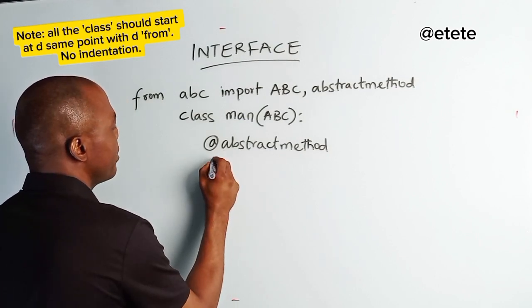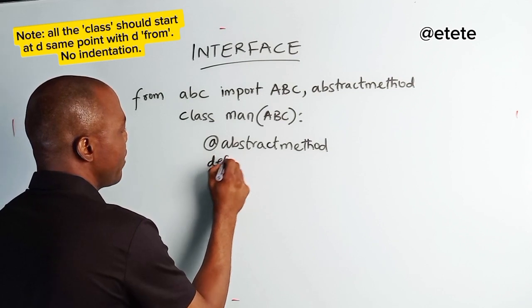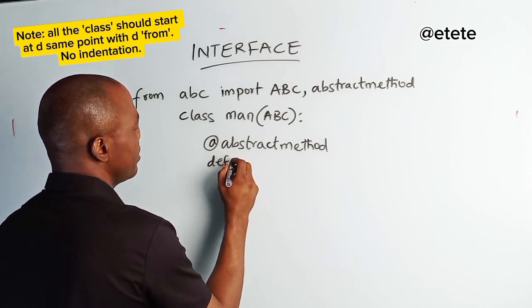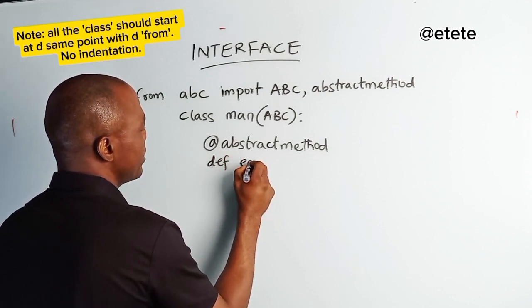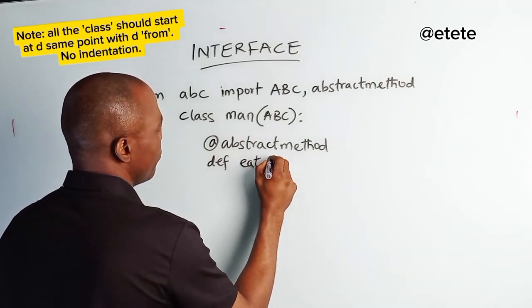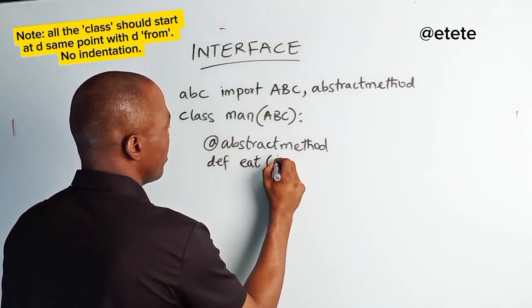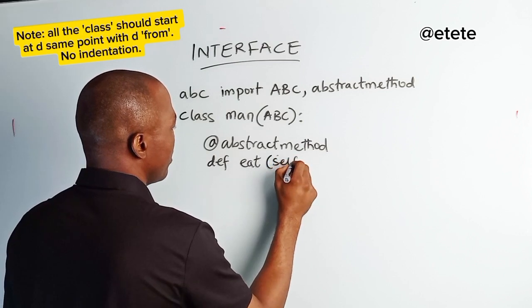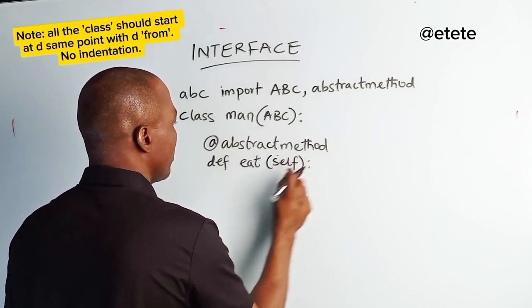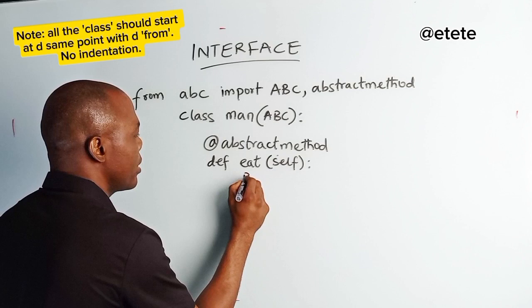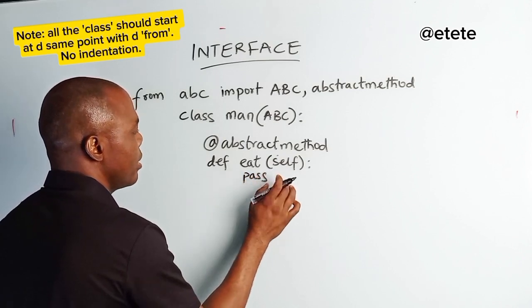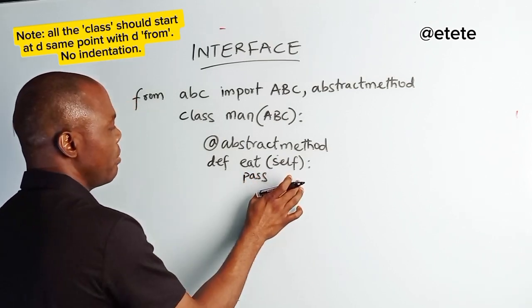Now we have define, right? Then we will say eat. Now inside this, we just create the pass. Nothing is going to be, there's nobody to implement.